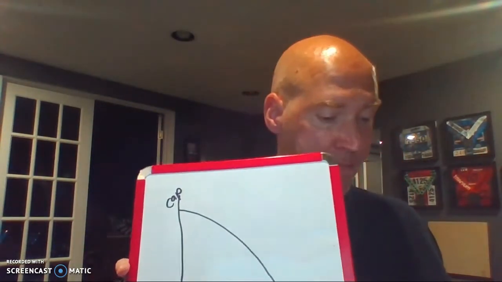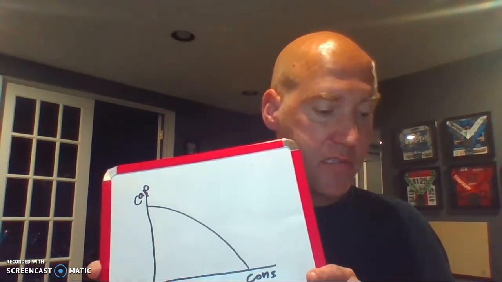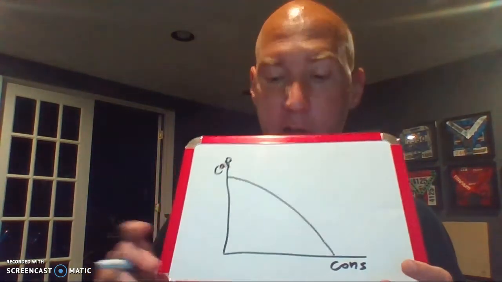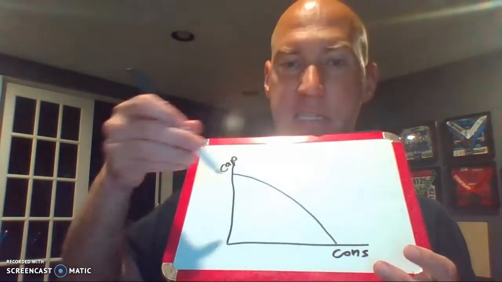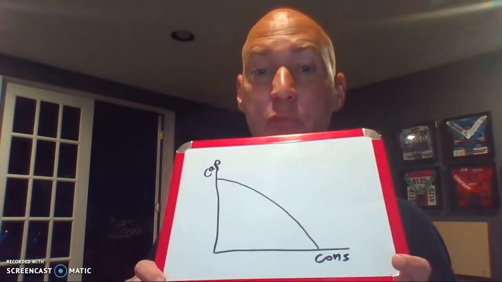Now the question is, based on the current level of unemployment, plot a point indicating the current state of country X's economy. This is a tricky question. Remember, if we're on the PPC, that's full employment. There is always going to be some unemployment in the economy.